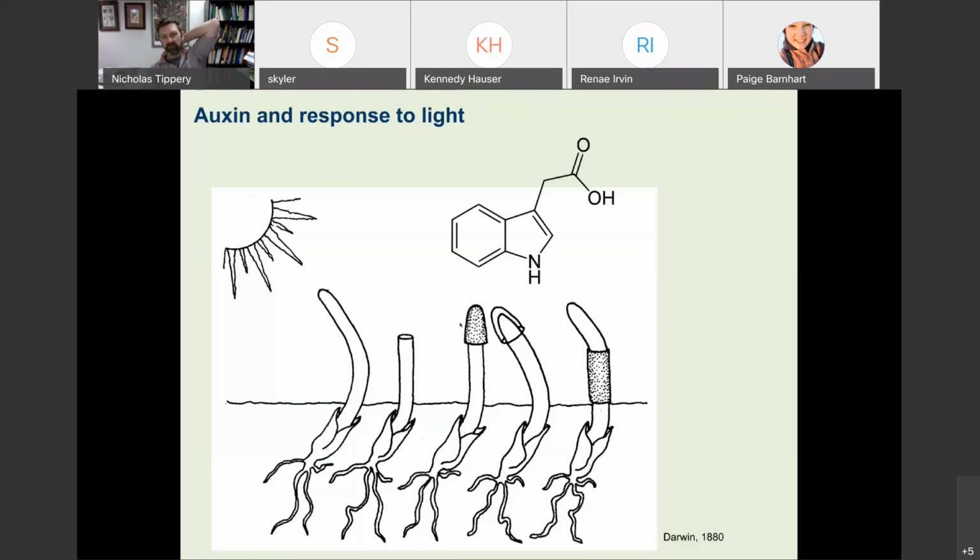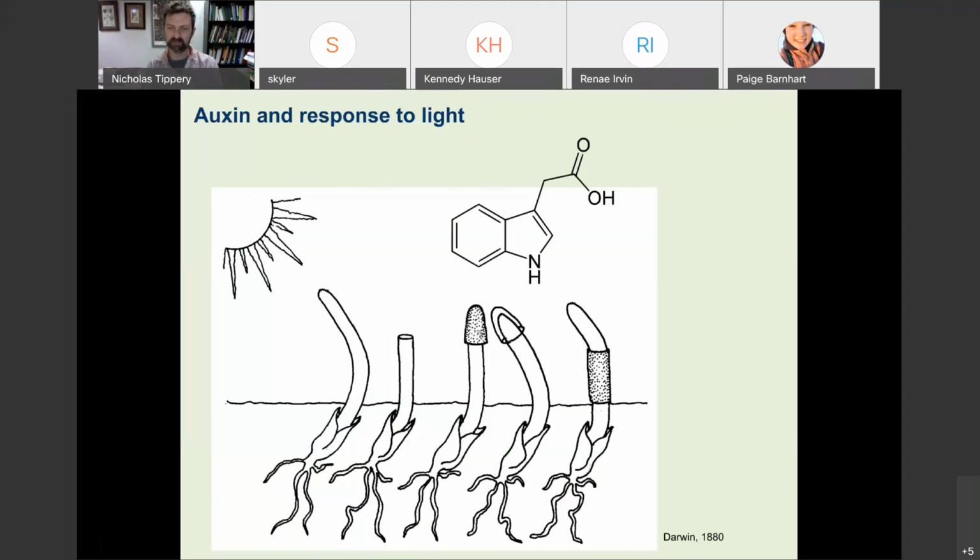Here's another one where they covered the tip with a little cap that prevented light from getting in, and that prevented this shoot from bending over to the side. So that was important. These other parts, the more stem part of this shoot, were still able to get the sun signal from one side, but the absence of the signal in the tip of the plant prevented it from bending. Here's one that's kind of a control for, all right, maybe it was being affected because we prevented air from getting in there or had contact on the shoot tip.